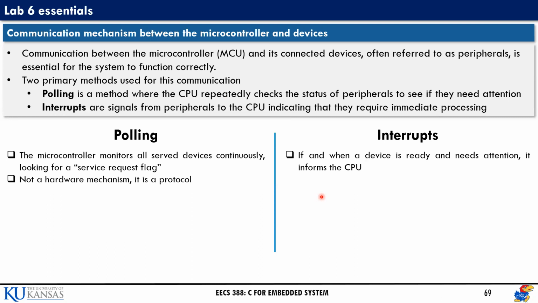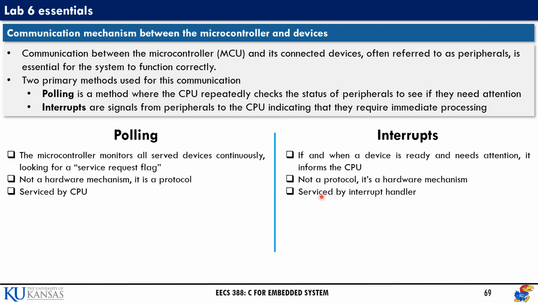Polling is not a hardware mechanism. It is purely a protocol written in software, but interrupts are a hardware mechanism, because we use our clock frequencies to generate different interrupt signals. That's why it is a hardware mechanism.